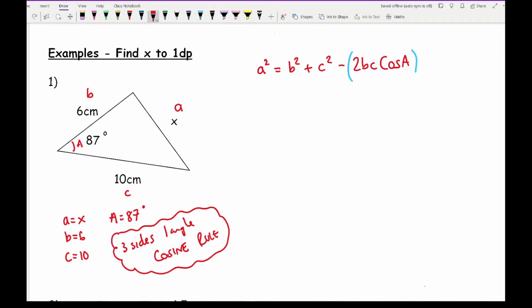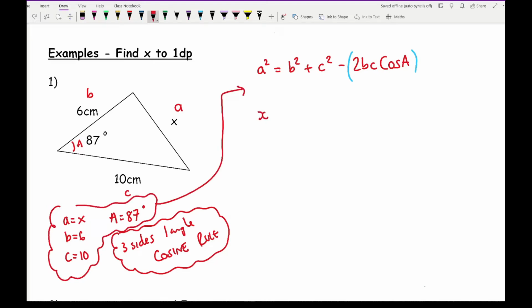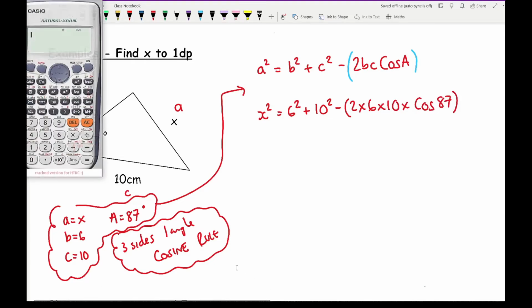Now for this, what I then need to do is substitute these values into the formula. So what I've got is x squared equals 6 squared plus 10 squared minus 2 times 6 times 10 times cos 87. Then I type that all into my calculator, which I'm going to do now. There we go.